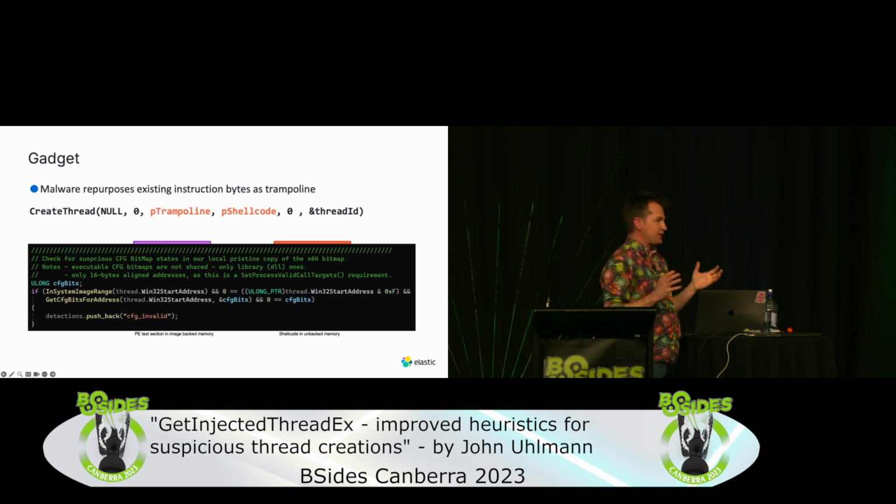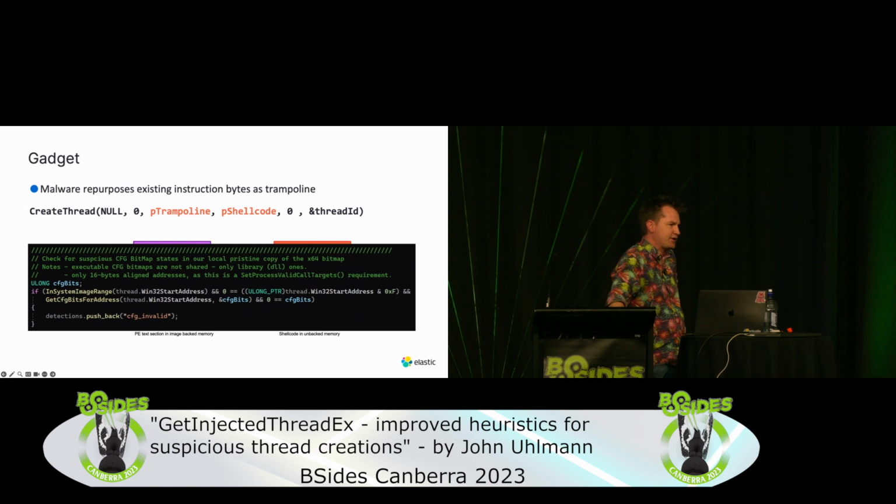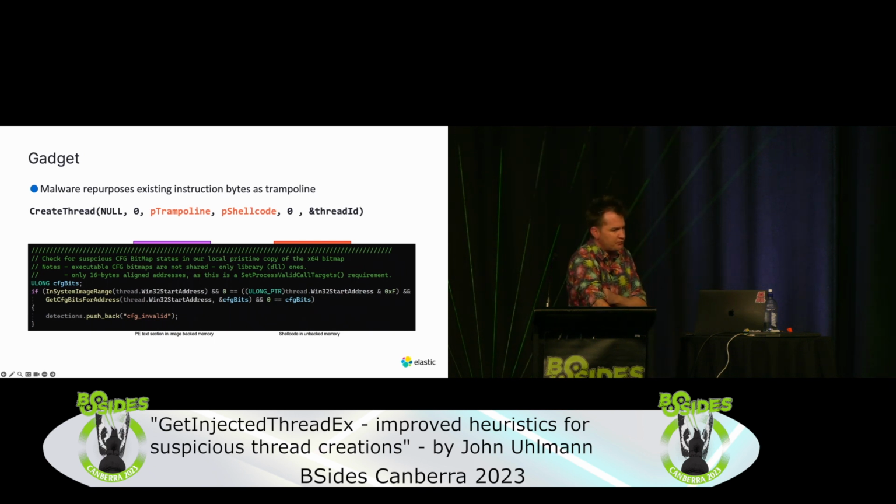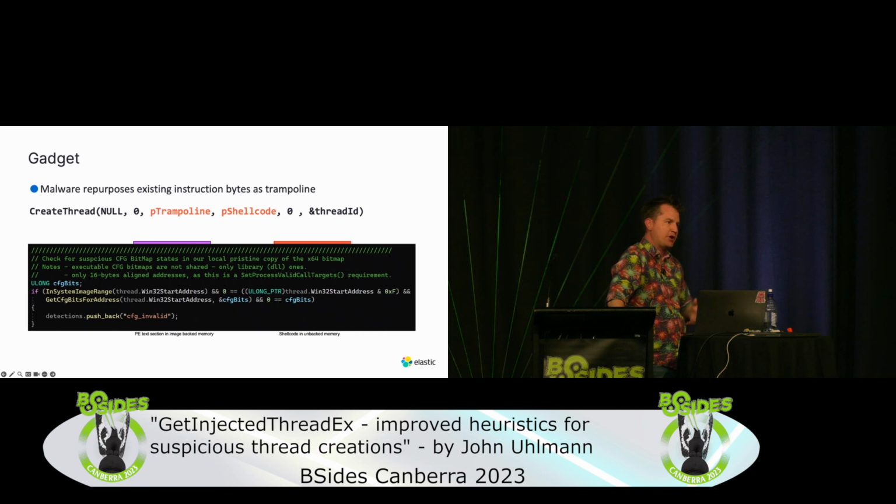Microsoft doesn't tell us where it is, but it's a well-known secret that you can easily find it, and there's no point Microsoft not telling us, because there are functions they have to tell us about that have to know where this bitmap is. You just look at the first instruction of the function, it loads the address of the bitmap, and you just read that address out. So it's really easy to find the CFG bitmap, and you know where it is in your process. You just find the right offset and read the right entry.